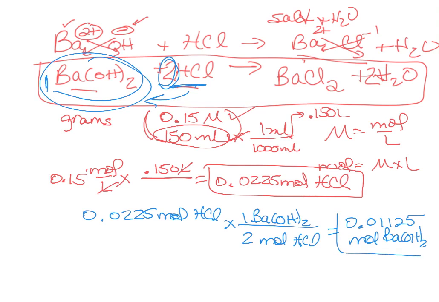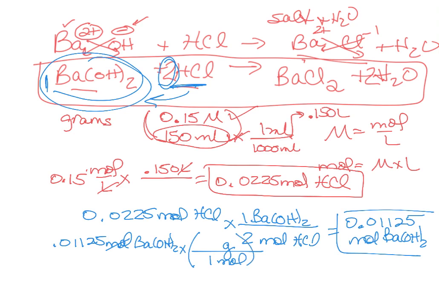All right, so the problem asked me for grams of barium hydroxide though, so now I need to do one more step and convert those moles of barium hydroxide to grams. In order to cancel the moles, I know I need moles in the bottom. I'm trying to get to grams, so I'm going to put that on the top.